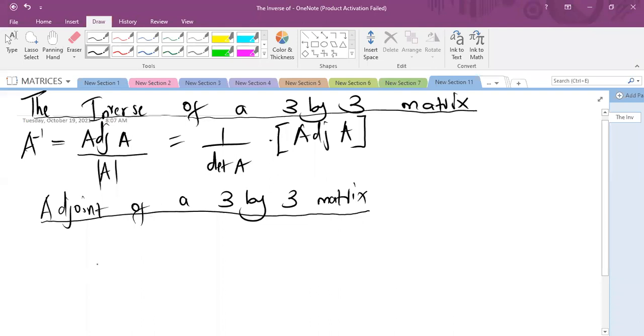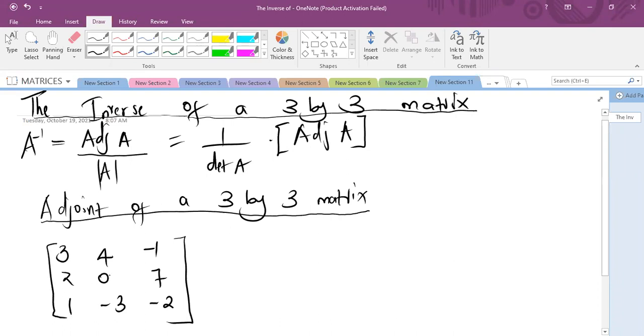It's best done using examples. Let's say we have a matrix like this, 3, 4, minus 1, 2, 0, 7, 1, minus 3, minus 2.